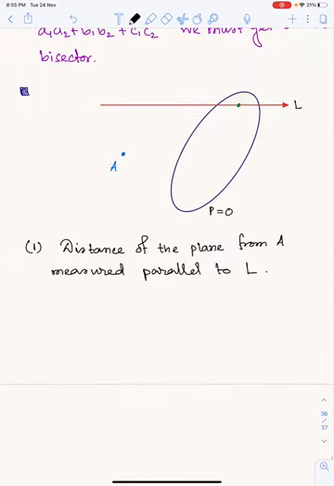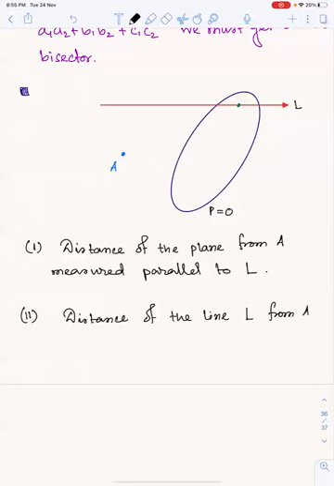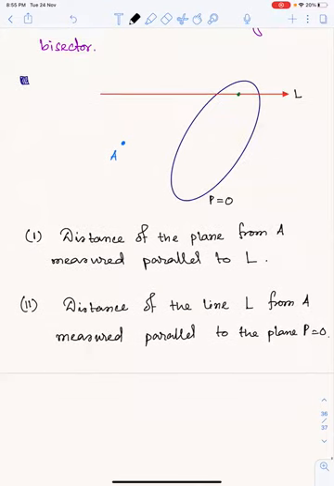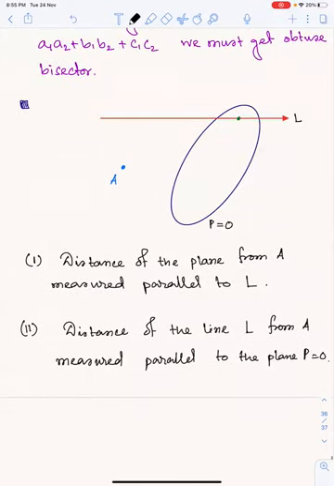And the second type of requirement can be the distance of the line L from the given point A measured parallel to the plane. These can be two types of requirement. Let us consider the first.